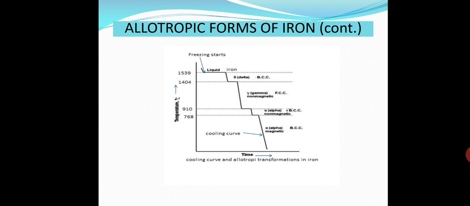Again at 910 degrees centigrade, gamma iron changes to alpha iron, for which there is a horizontal line. Again at 768 degrees, alpha iron becomes magnetic. So this is the cooling curve which shows the allotropic transformation in iron.